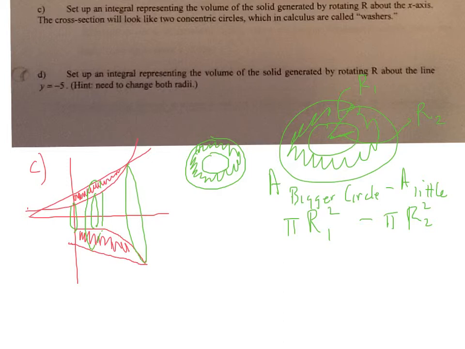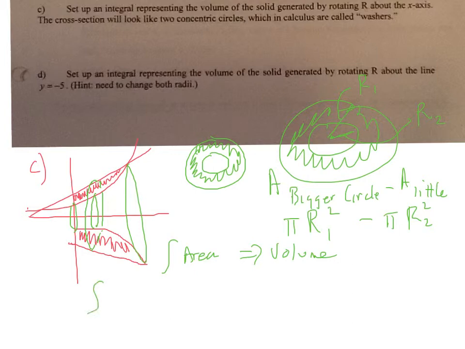Okay? So there is volume that we're trying to add up, and in order to create defined volume, we need to integrate area. So if we integrate area, we get volume. So where am I going to integrate from?